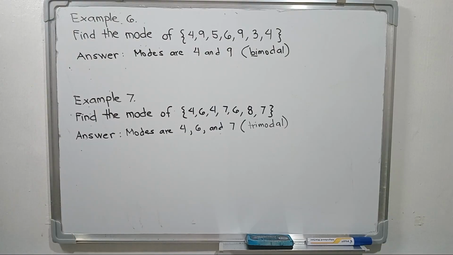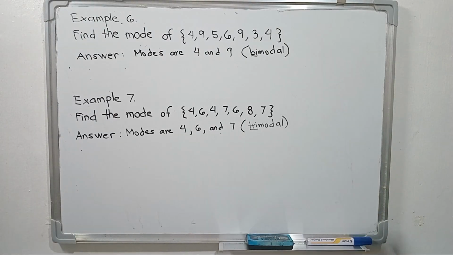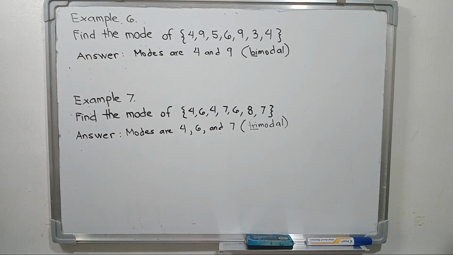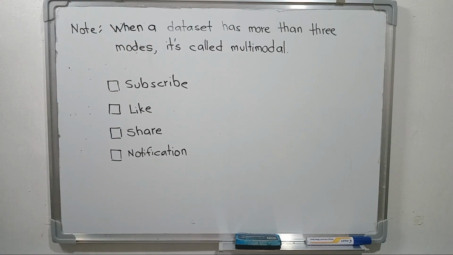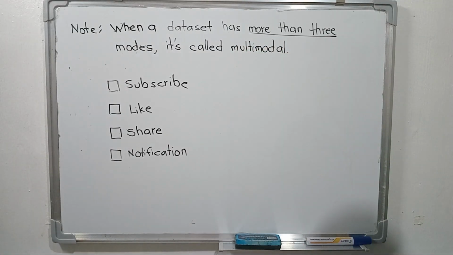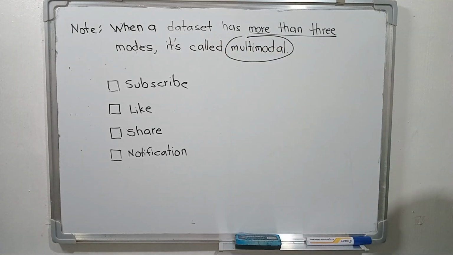Trimodal. From the prefix tri means 3, so we have 3 modes. Trimodal. Okay, take note that when a data set has more than 3 modes, then it is called a multimodal.